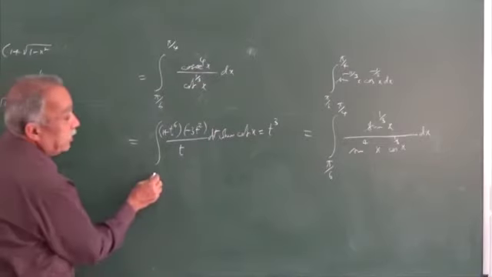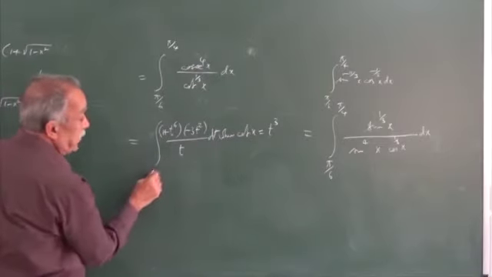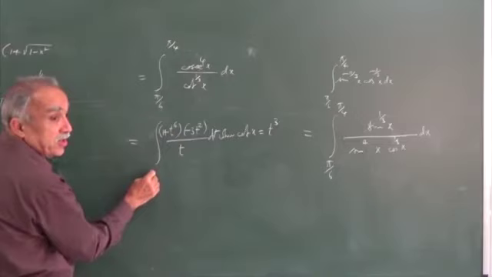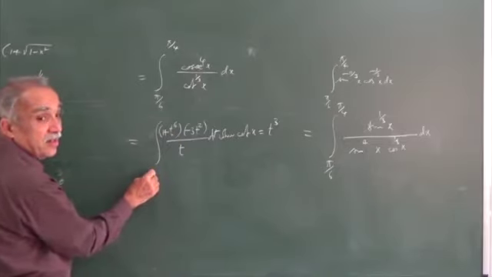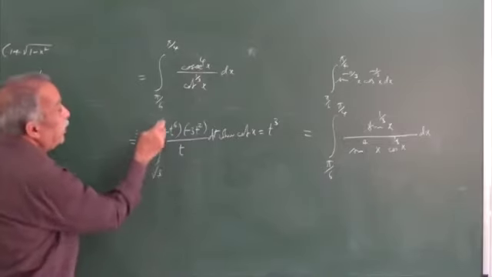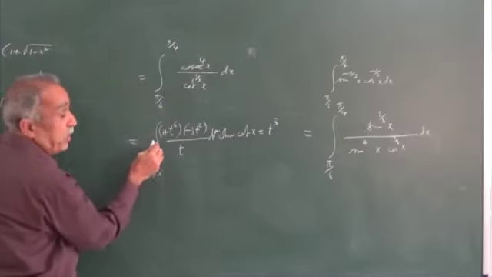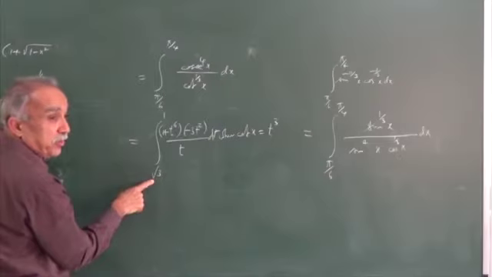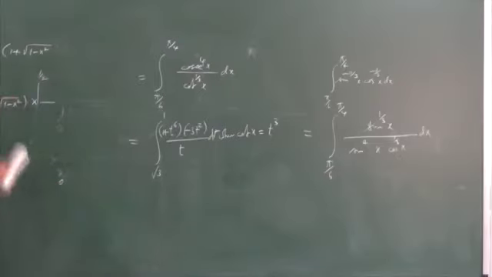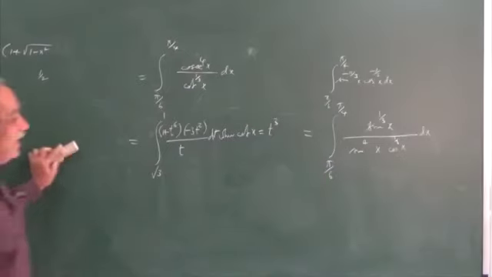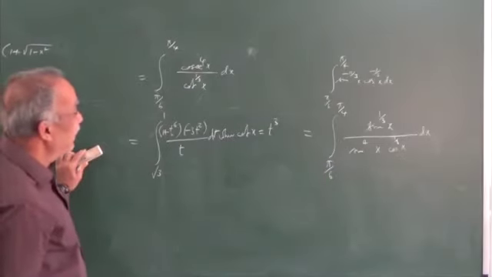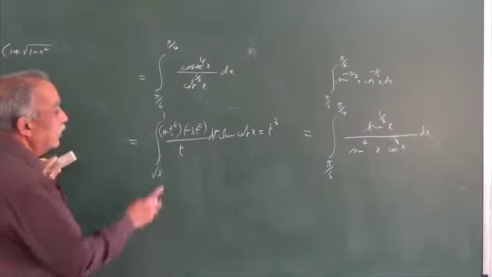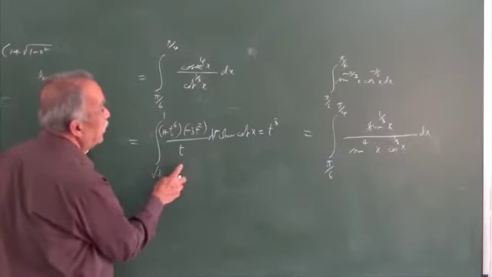New limits are, when x equal to pi by 6, cot pi by 6, root 3. When x equal to pi by 4, cot pi by 4, 1. Is this not root 3? Should it be 1 by root 3? I don't know. Cot x equal to t cube.